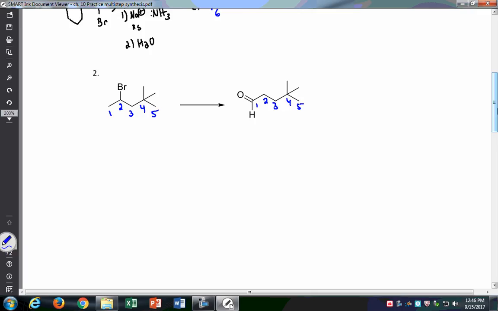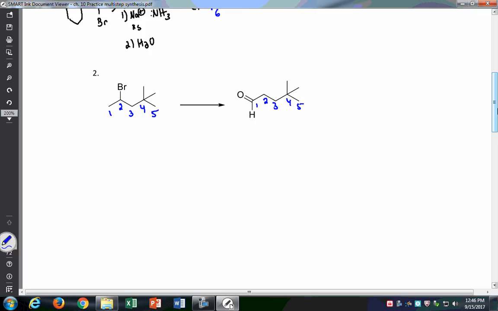So I'm going to go through the best route. I'm not saying this is the only route. There are other routes you can go through, and especially as we start going through more examples and more reactions, there's going to be multiple ways to work synthesis. And that's always true. There may be a better way.